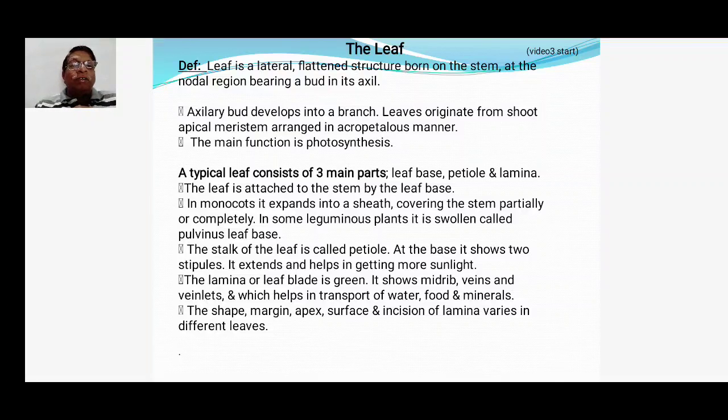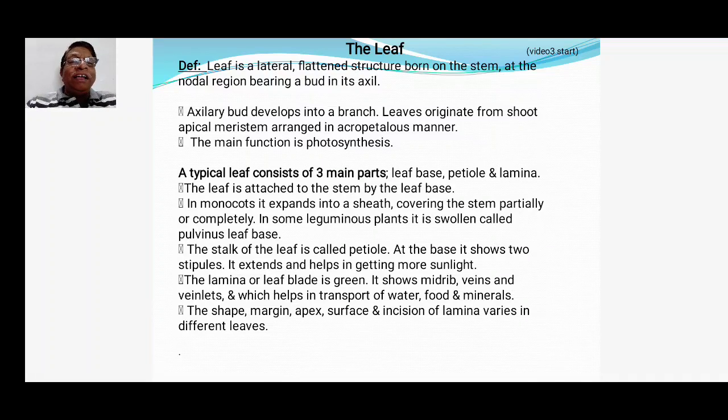The leaves originate from the shoot apical meristem. At the tip of the stem, or growing apex, there is meristematic tissue. Meristematic tissue means dividing tissue. From this meristematic tissue, the leaves are born.